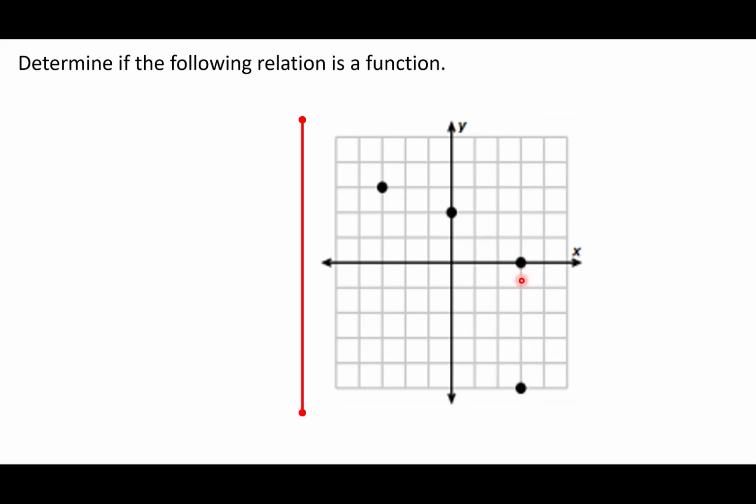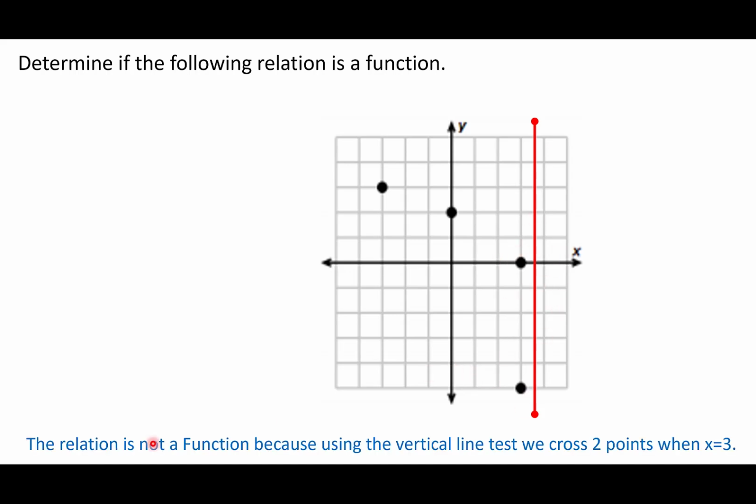Watch when it crosses right here, guys. Notice how both of those points hit the vertical line at the same time. And that was when x is 3, right? Because this is my x-axis, that's 3. So we cross 2 points when x is equal to 3. So this is not a function. We could also say this does not pass the vertical line test.